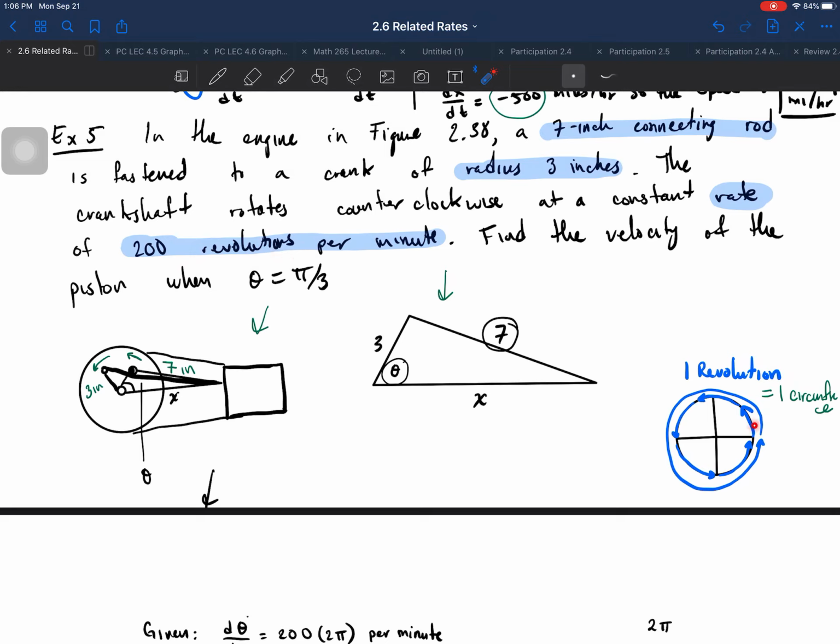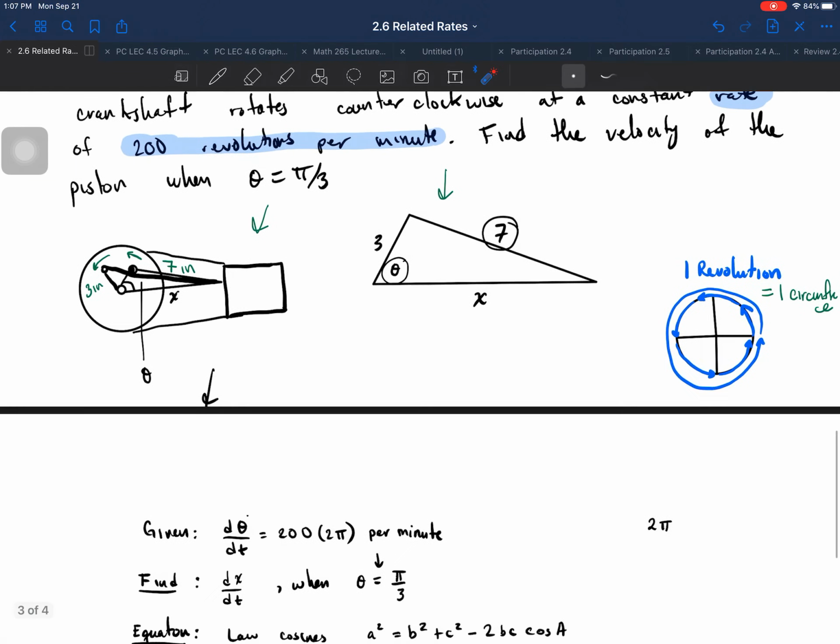So that means that this piston right here makes 200 revolutions in one minute, and that's giving us something about the angle. So we can see how fast this is rotating by using the information they give us here, and that's what we're going to find out first.